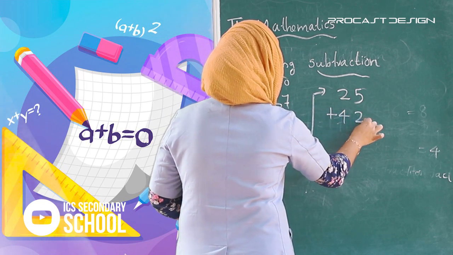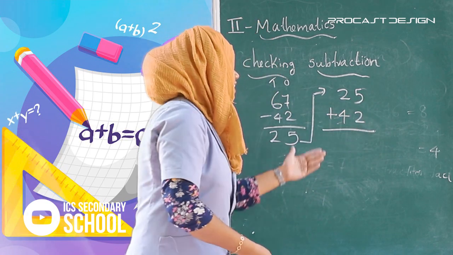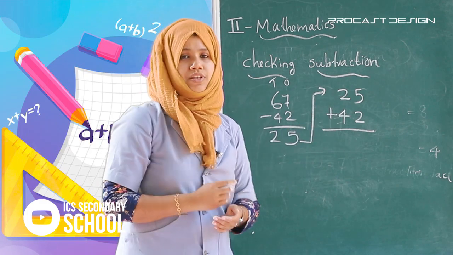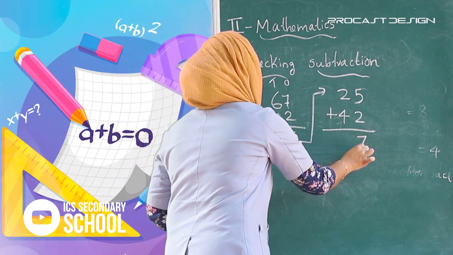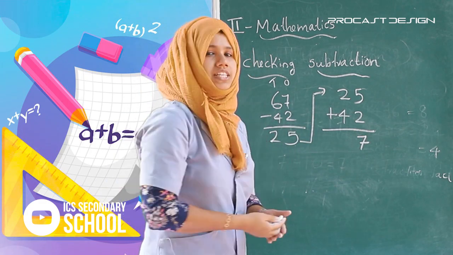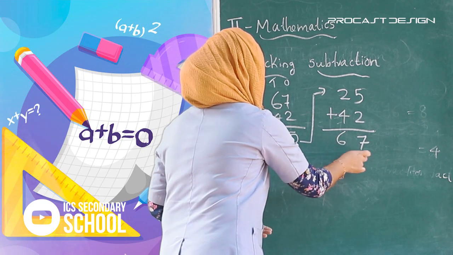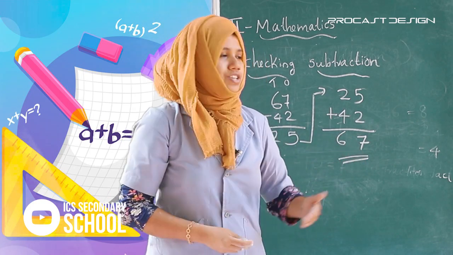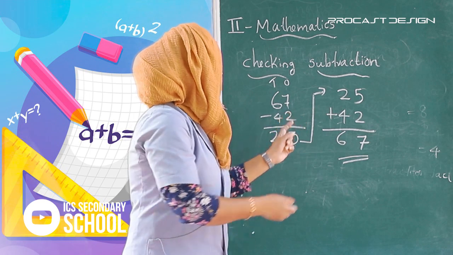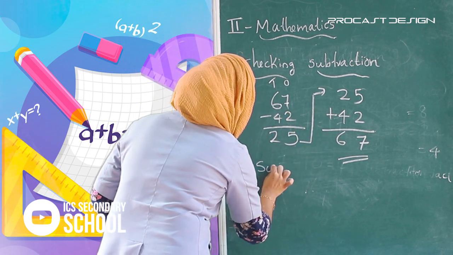So, here 42 is the smallest number. Then adding: 5 plus 2 is 7. 4 plus 2 is 6. That is 67. So, yes, it is correct. So, the subtraction is correct.